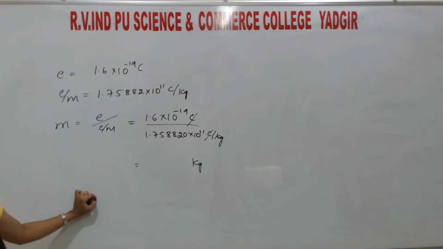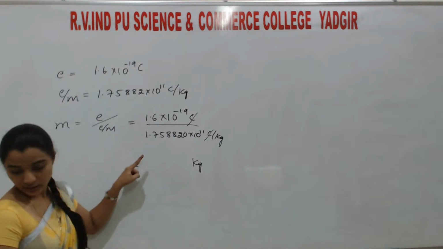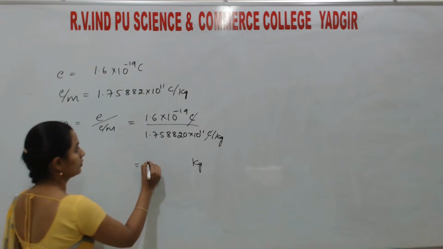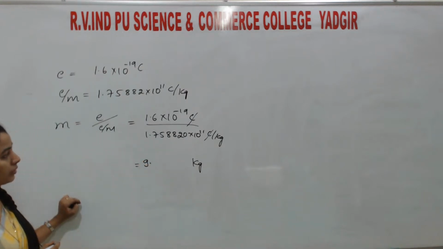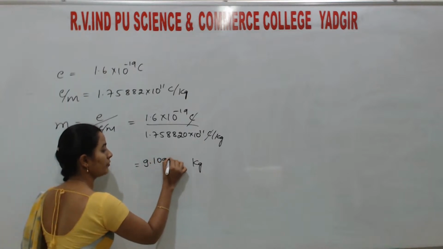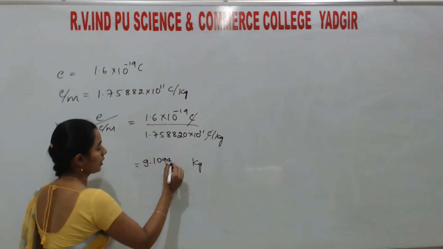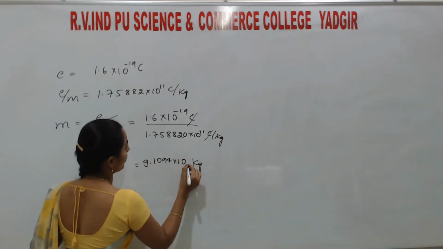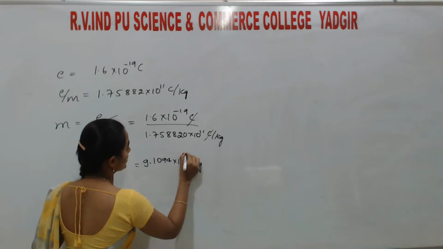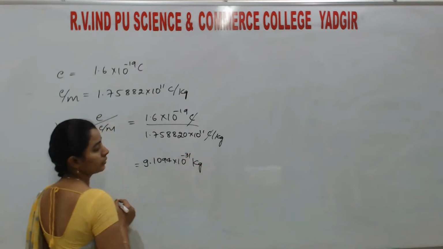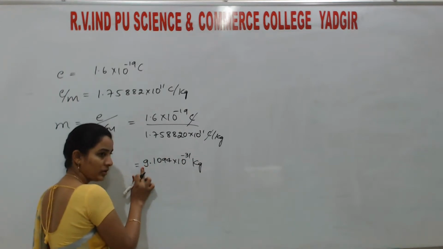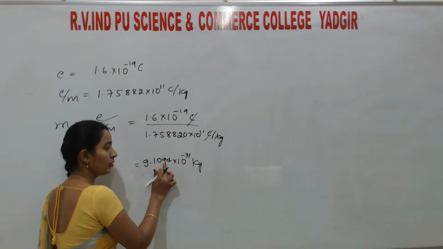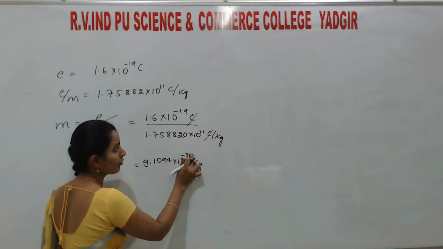If you divide this, you will get the value 9.1094 into 10 to the power of minus 31, or 0.91094 into 10 to the power of minus 30.